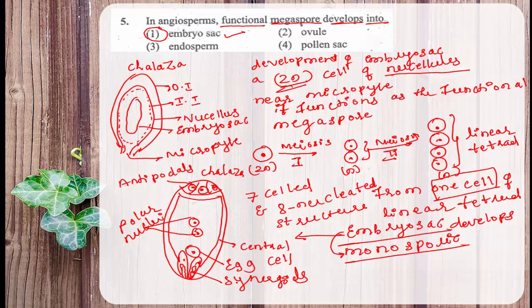So totally 8 nuclei are present in the mature embryo sac in angiosperms. So the right answer for this question is: functional megaspore develops into embryo sac.